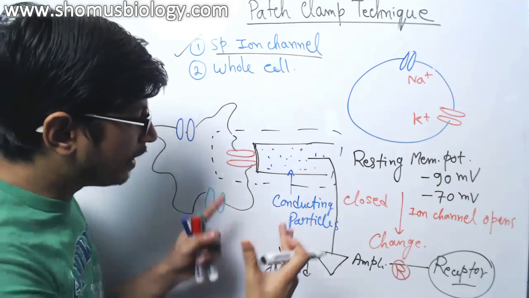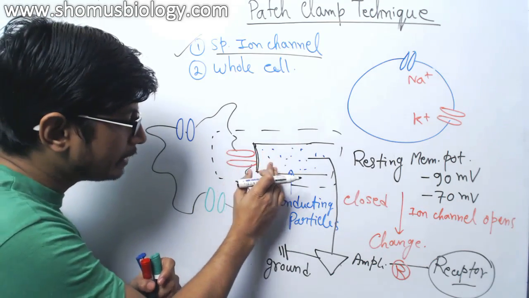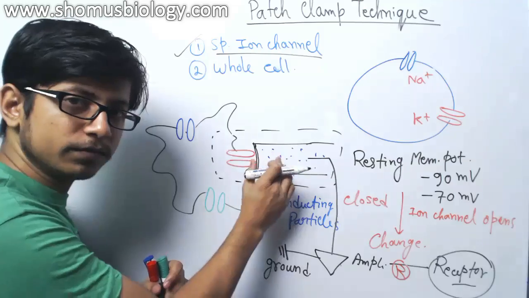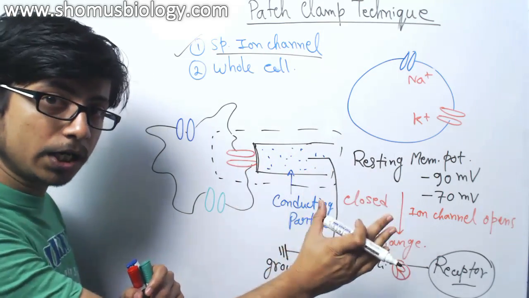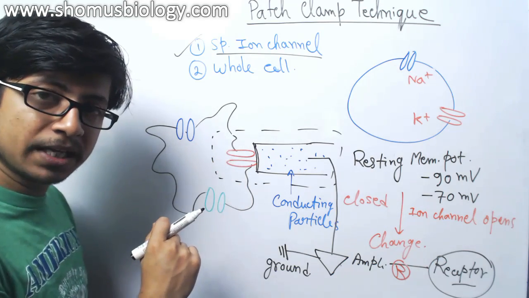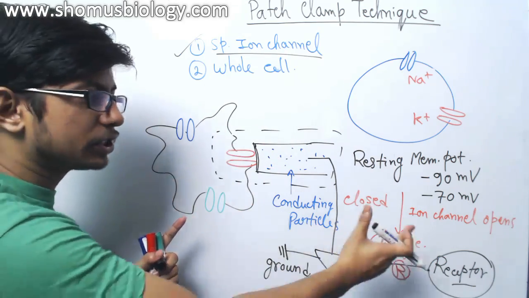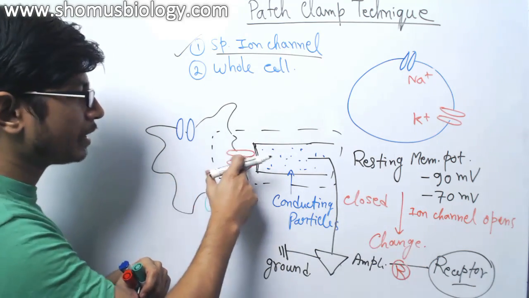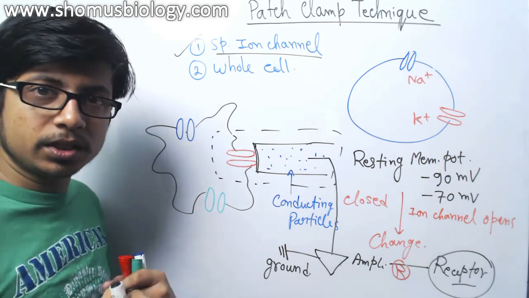Think about it. Whenever we attach this pipette, the internal region of the pipette, carrying the conducting particles, becomes the extracellular part for that specific ion channel of our target. So the earlier membrane potential, which was maintained by this ion channel, gets altered whenever we attach the pipette.